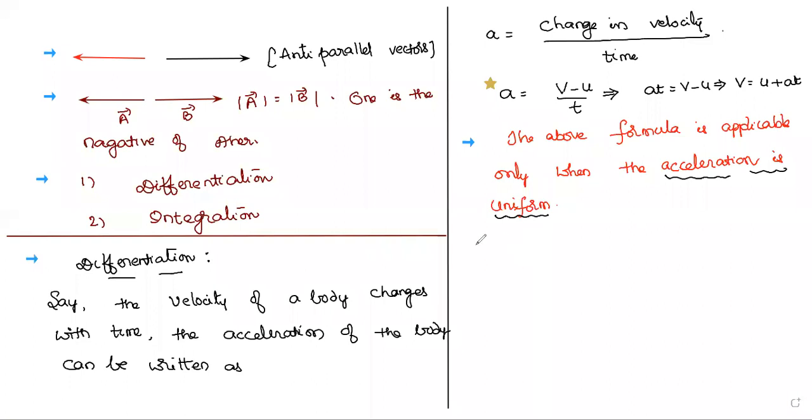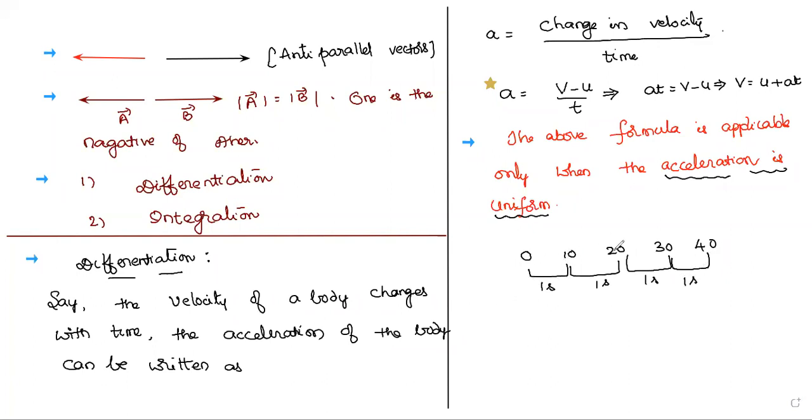Uniform acceleration means the velocity should be changed uniformly like this. How, sir? Suppose you are driving a bike or car and the speed is changing from 0 to 10, 10 to 20, 20 to 30, 30 to 40, like in every 1 second. The duration to increase from 0 to 10 is 1 second. Here also 1 second. There also 1 second. And finally here also 1 second.